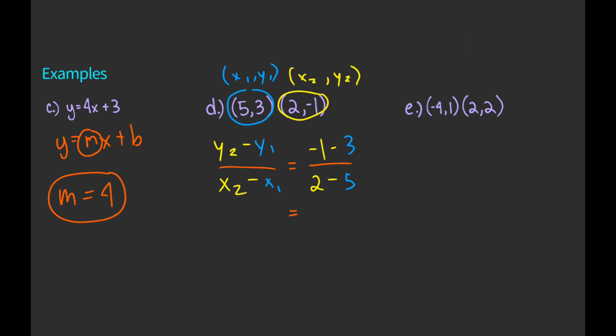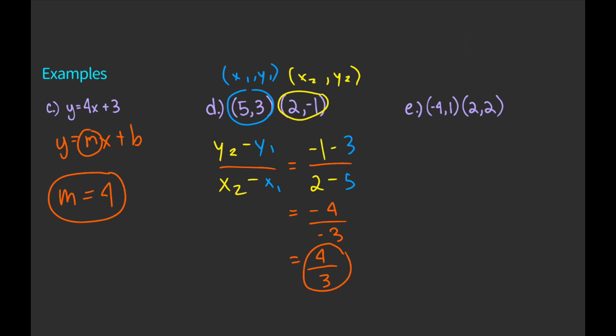Now we're just going to simplify. In the numerator, -1 minus 3 equals -4, and in the denominator, 2 minus 5 equals -3. The negatives are going to cancel each other out, so we're going to be left with 4 over 3. And that is the slope of this line.